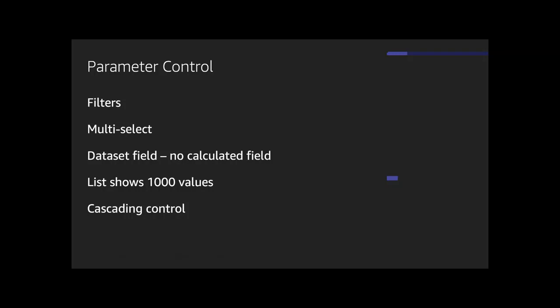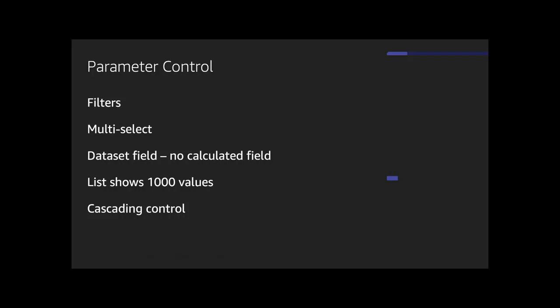If you're a dashboard user, then you can use controls to apply filtering across all the visuals in a data set on a dashboard. And that you can do without having to create the filters themselves.